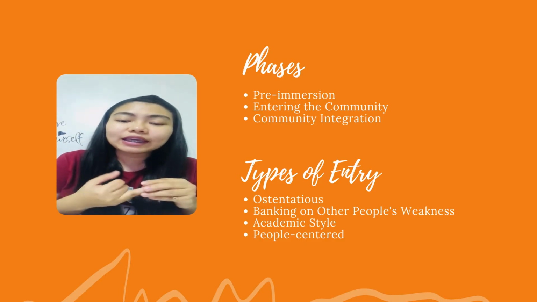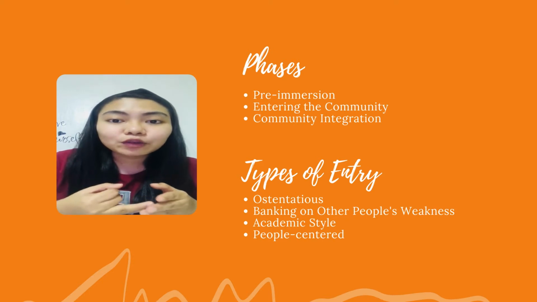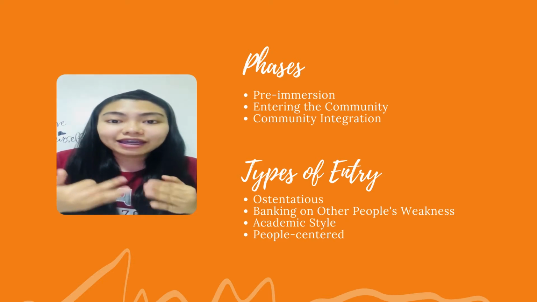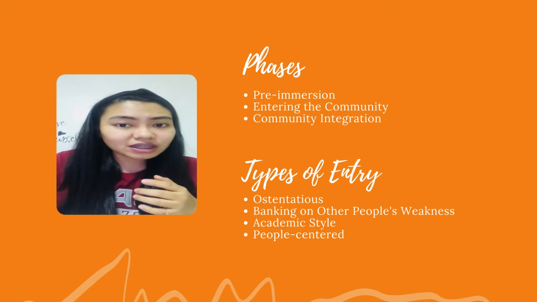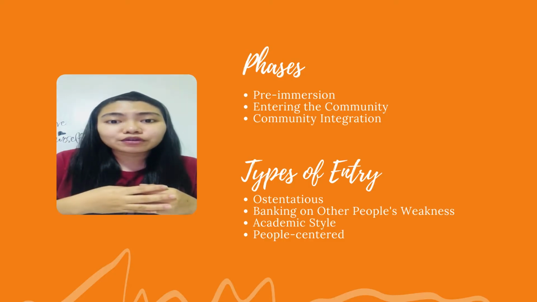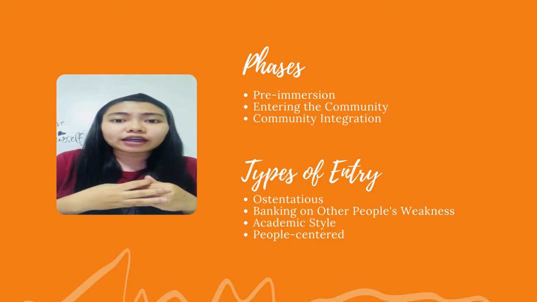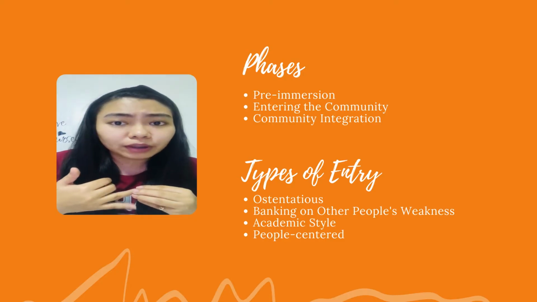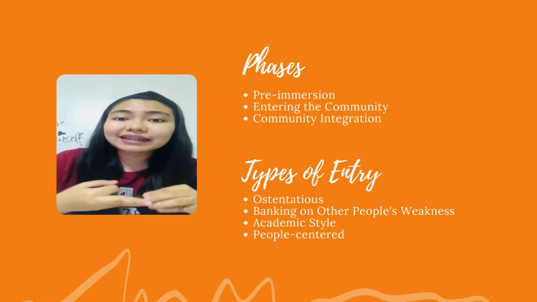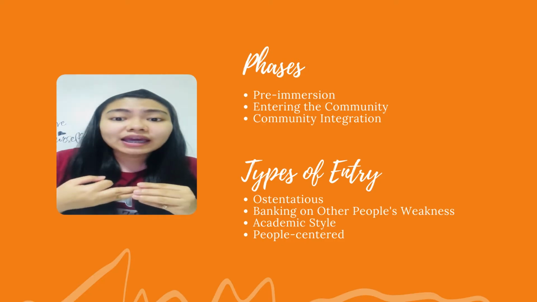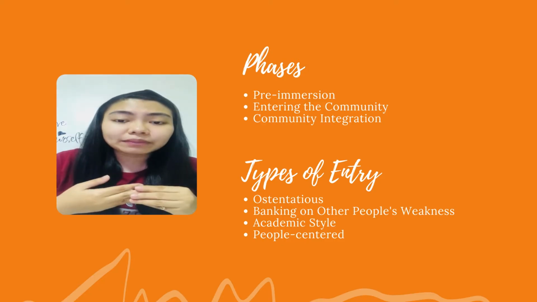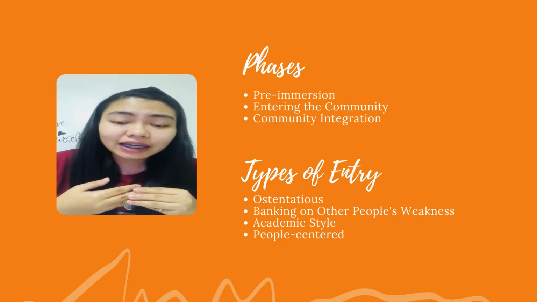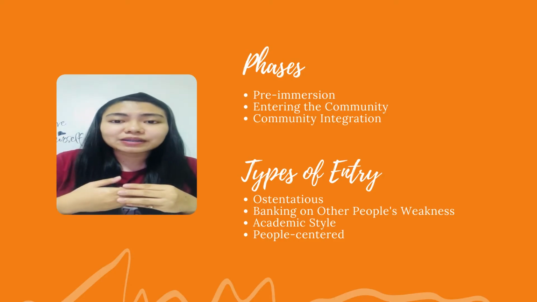And then the second one is the time that we enter the community, and we've discussed the different types of entries, right? So we have the ostentatious entry, the banking on other people's entry, and the academic style of entry, which is actually what we're doing, especially during the face-to-face of our course in NSTP 2.